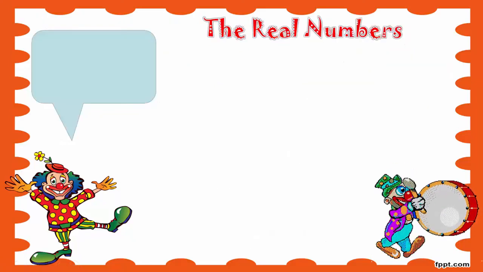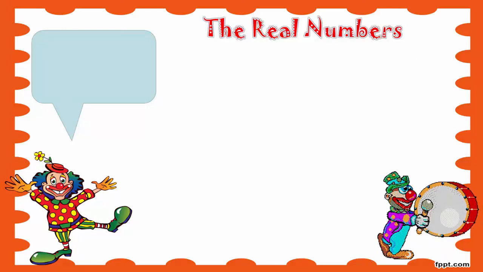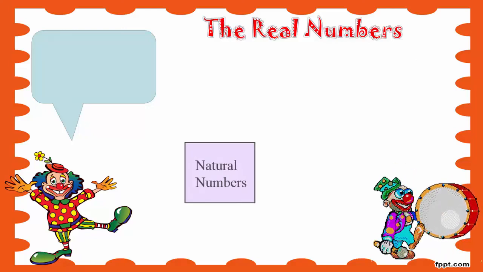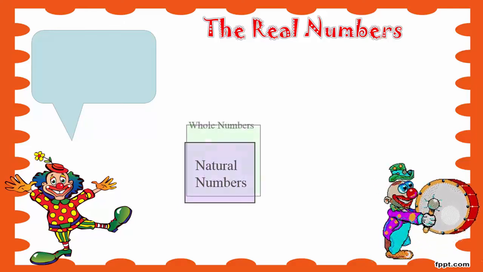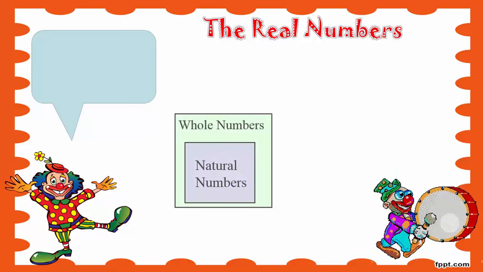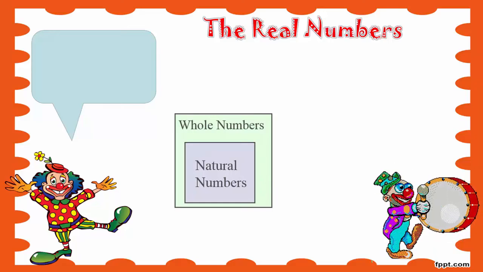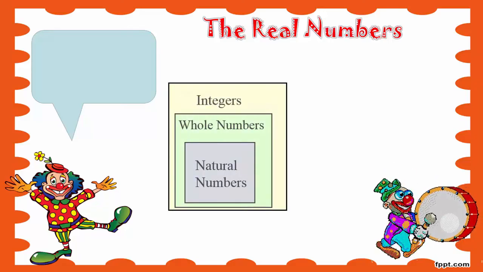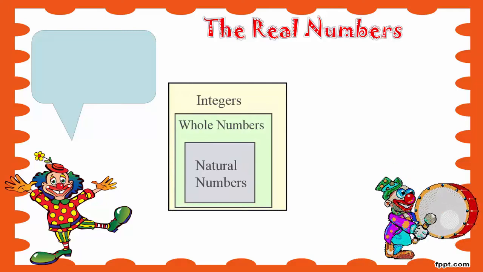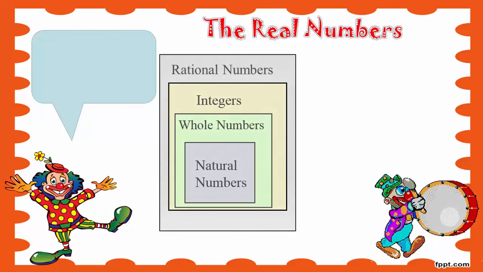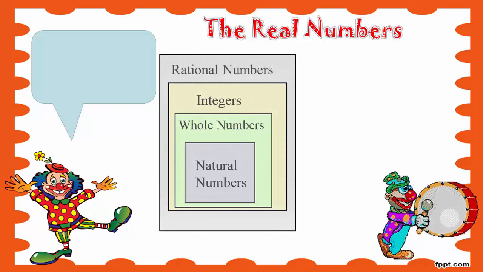So now we know all the components of the real numbers. We started out with the natural numbers, or counting numbers, which was 1, 2, 3, 4, 5, etc. Then we added on 0 to get the whole numbers. Then we put in the integers with the negative numbers. And then we put in the rational numbers, which is all the fractions.